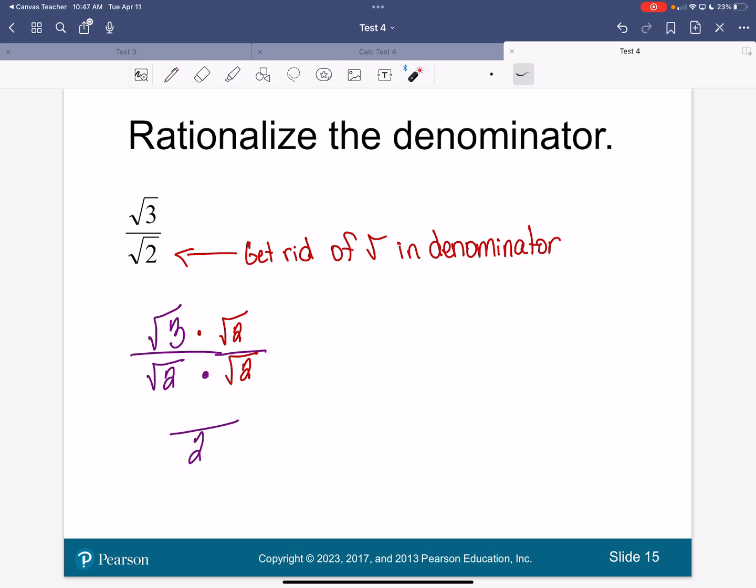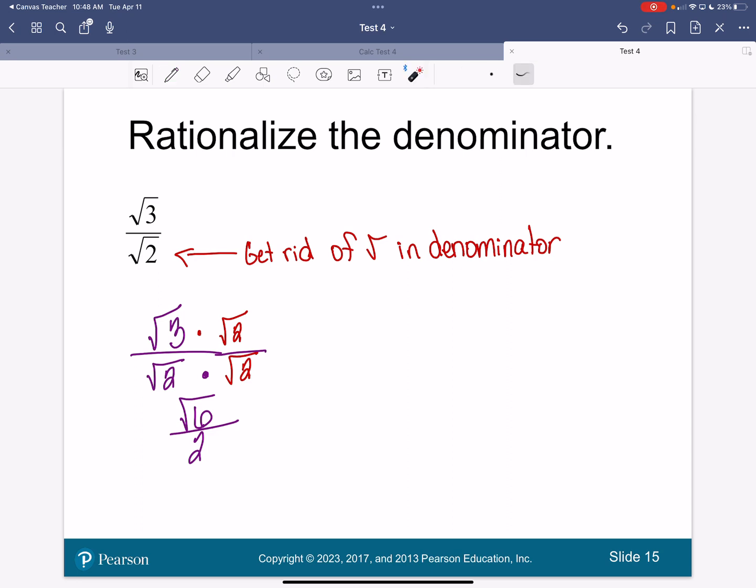Now, square root of 3 is inside a radical and square root of 2 is inside the radical. Since they're both inside and it's multiplication, can I multiply them? I can. So that's going to be square root of 6.